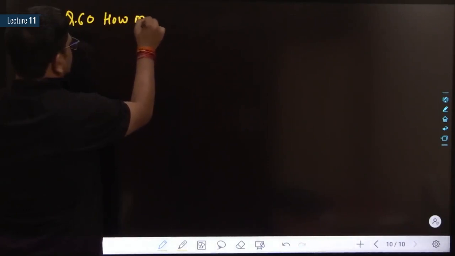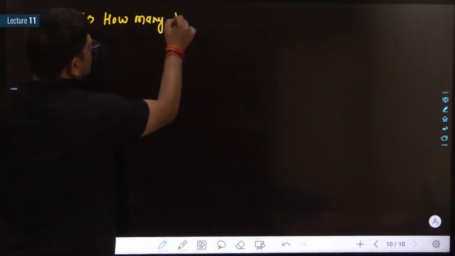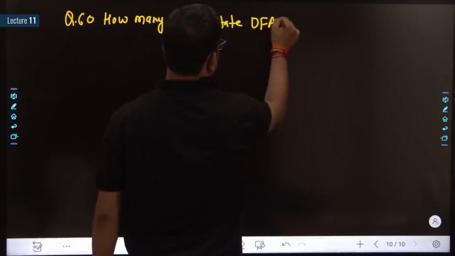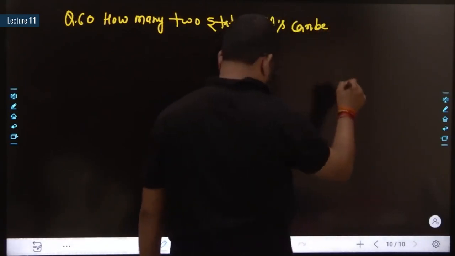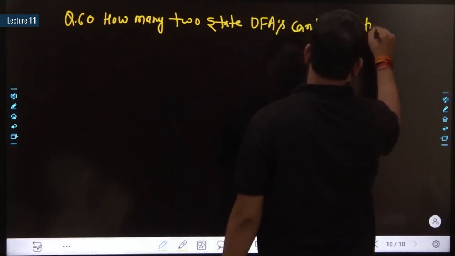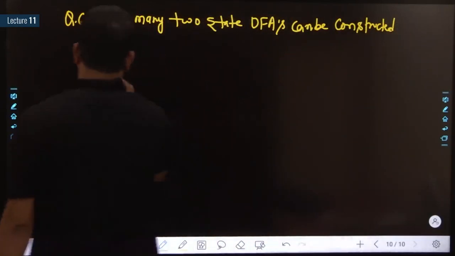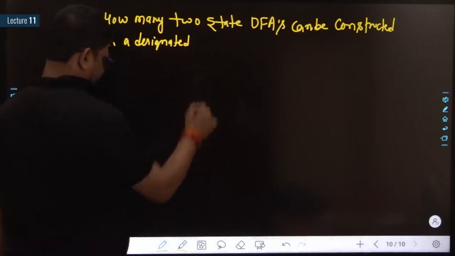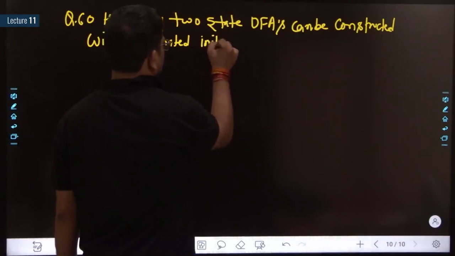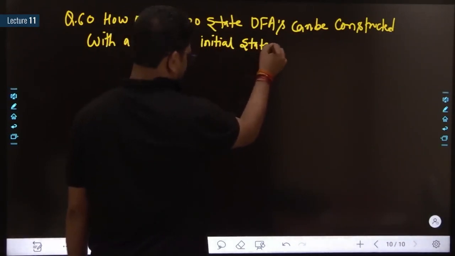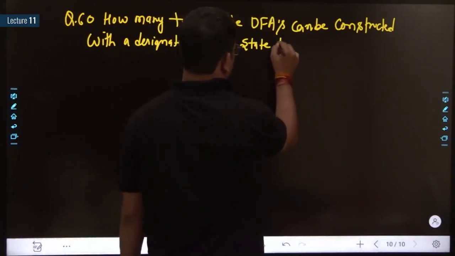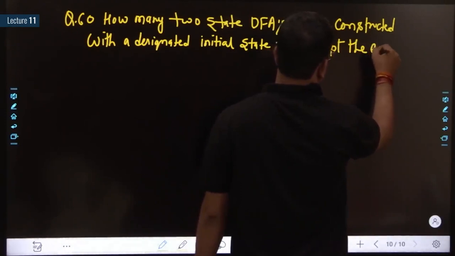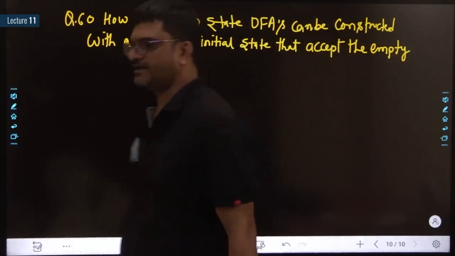How many two-state DFAs can be constructed with a designated initial state that accept the empty language over the alphabet A comma B?